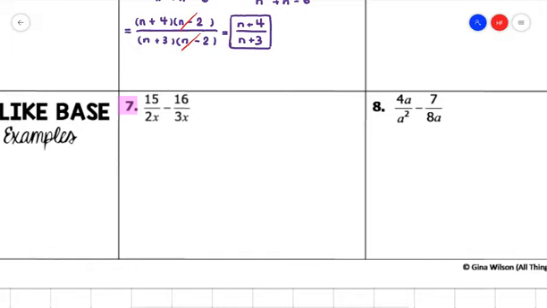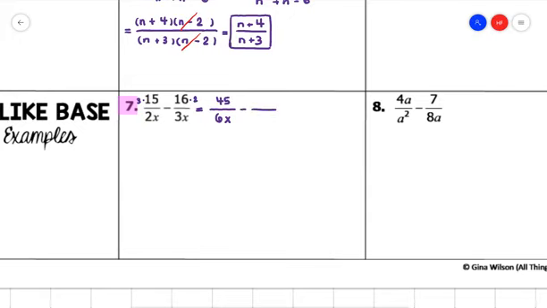So on our fractions with variables, it works the same way. So we want to get these to look the same, and so the smallest amount that I can get them to be the same with would be a 6x on the bottom. So in order to get to 6x, I had to multiply by 3 and by 2. So on 15, I'm going to multiply by 3, which is 45.